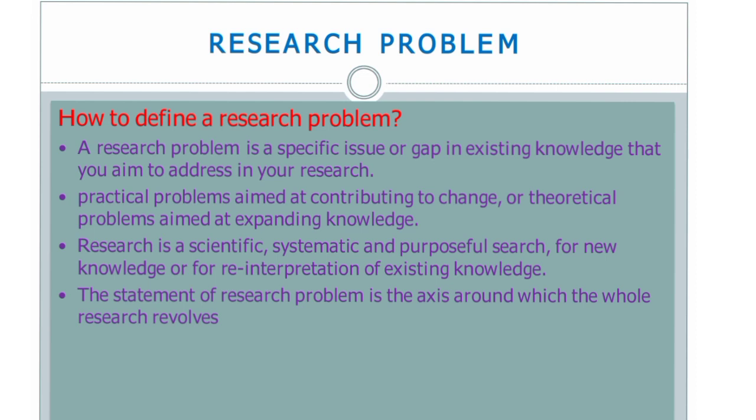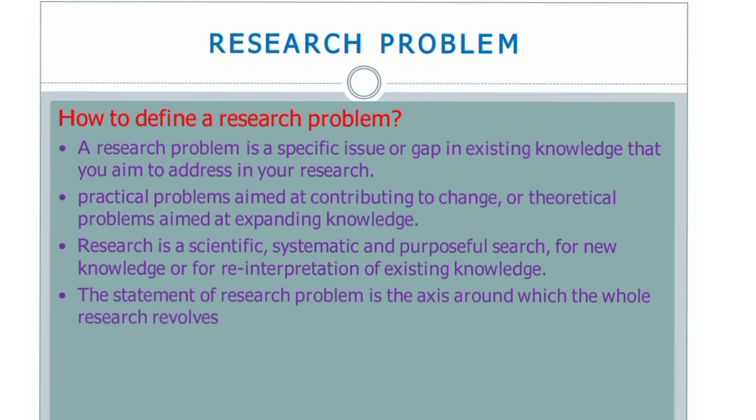So I will study some related articles regarding IoT, and I will find out that there is a particular problem or issue in IoT. I will take that issue and expand it into a research problem of my own research.